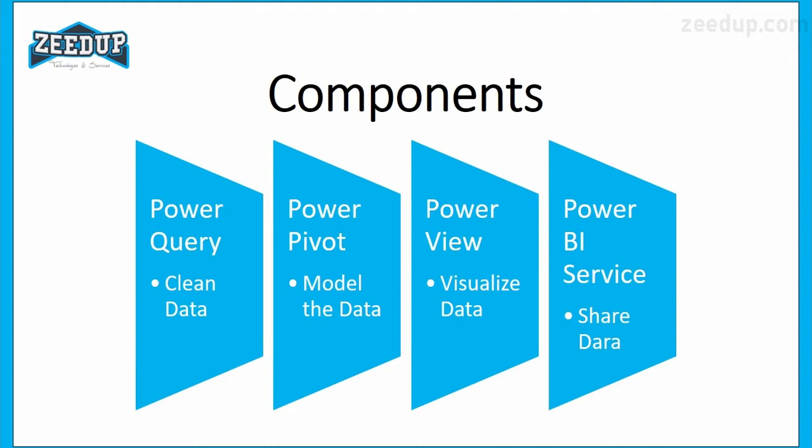So basically, if you want to gain some valuable insights from the data that is coming from multiple sources, then Power Pivot is what comes to the rescue. It helps in modeling and shaping the data in a particular shape.